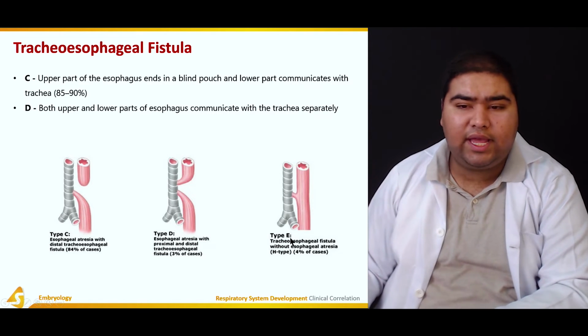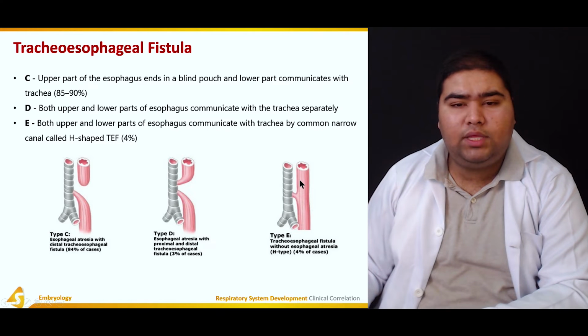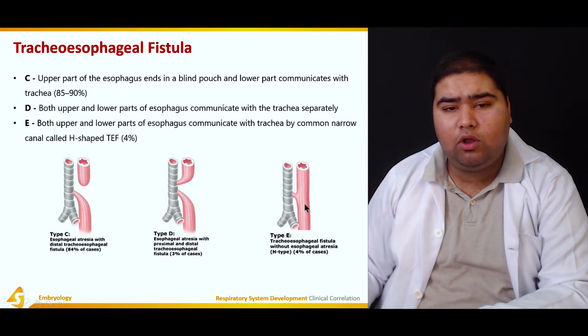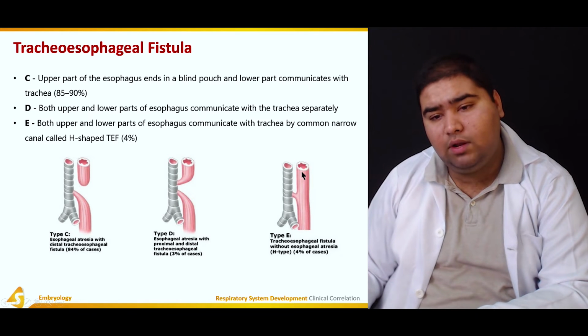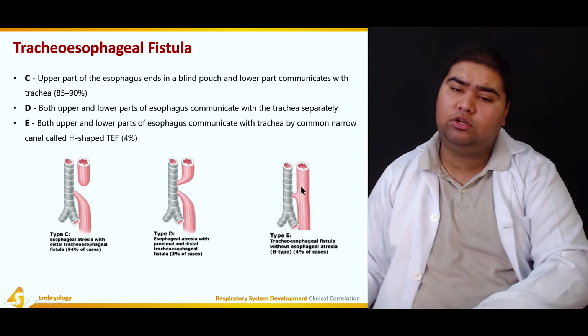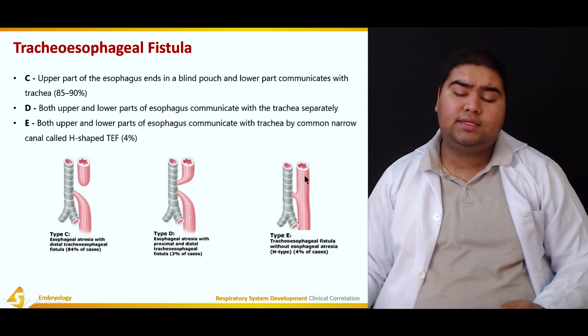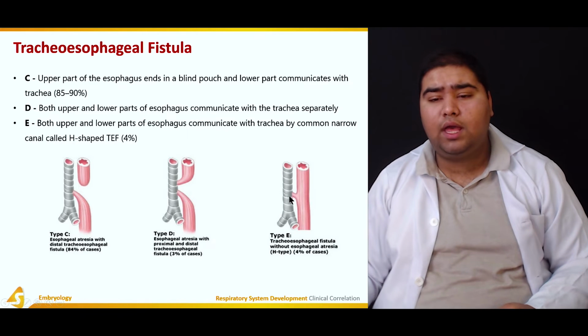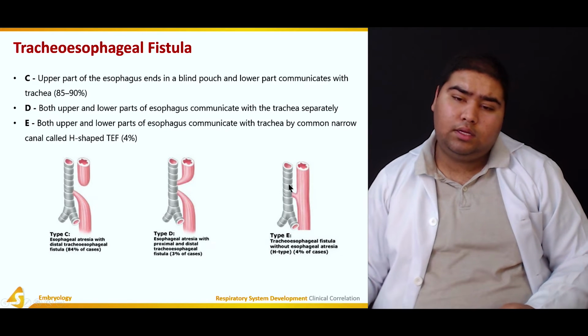And finally, the H type, in which both the upper and the lower parts of the esophagus communicate with the trachea by a common narrow canal, hence it is called an H-shaped canal. You can see there's a continuation of the esophagus. It is continuous. However, it is also communicating through a narrow canal with the trachea.